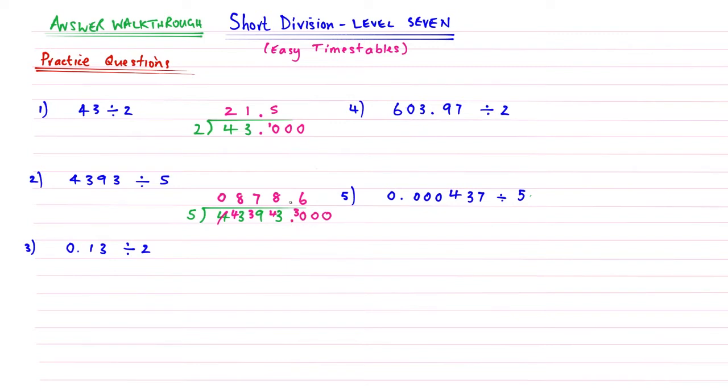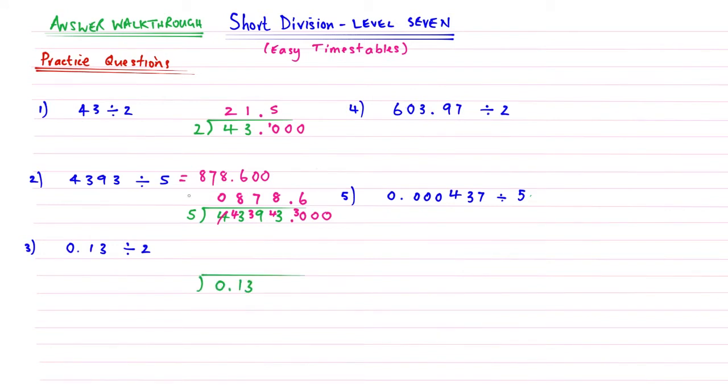I'm going to line up my decimal point, and so that's where I get 878.6 from. And also don't forget, my answer could also have been 878.600 if I carried on with my zeros there. So don't worry about that one. So that's practice question number 2.